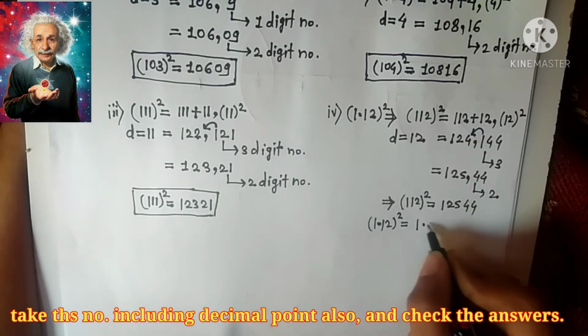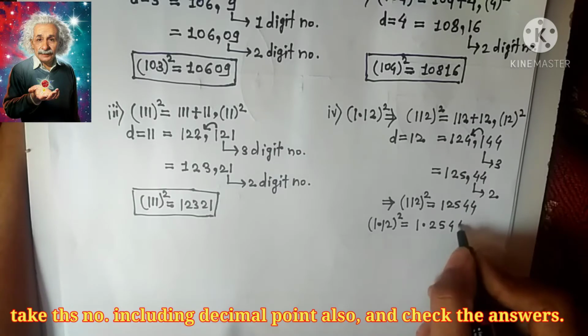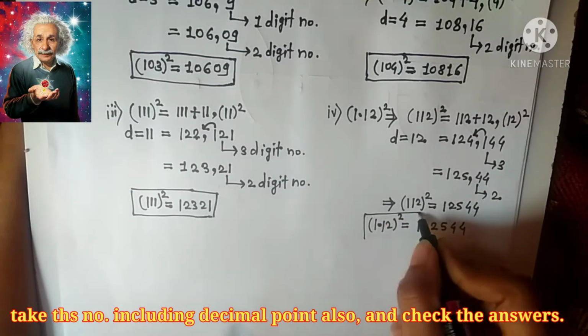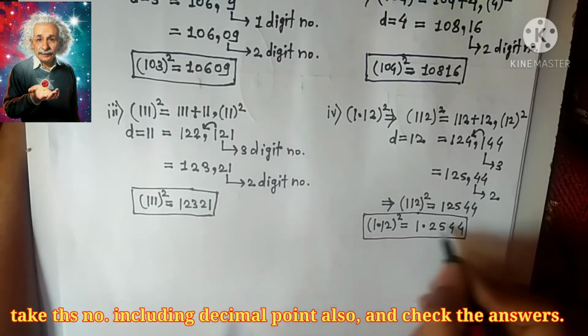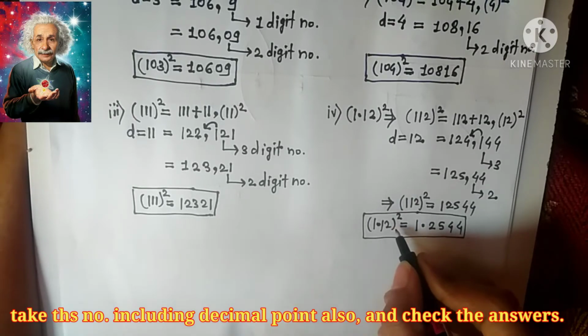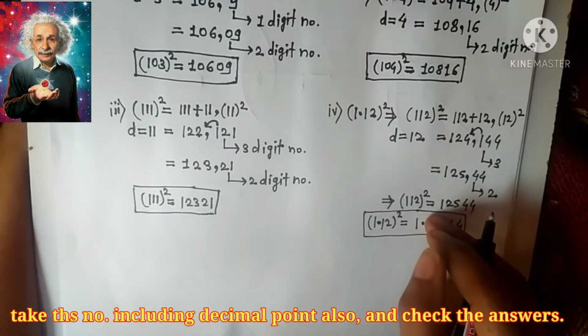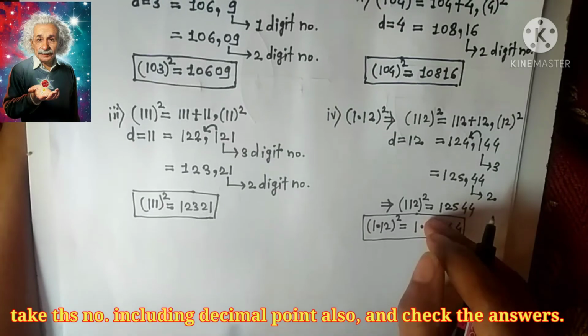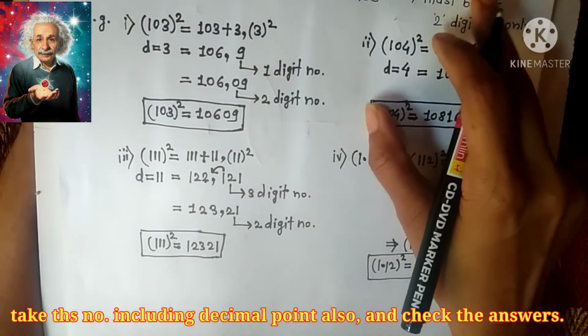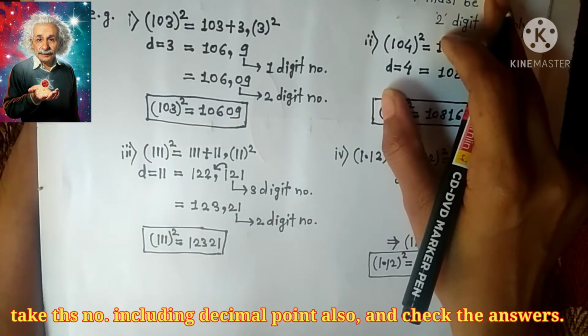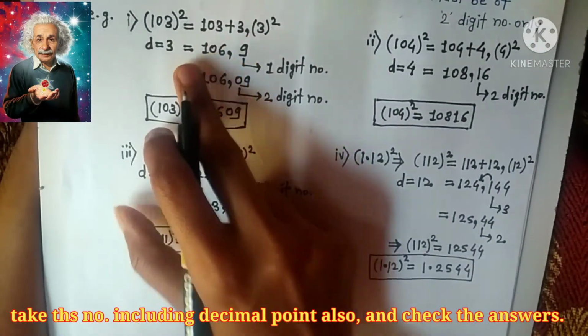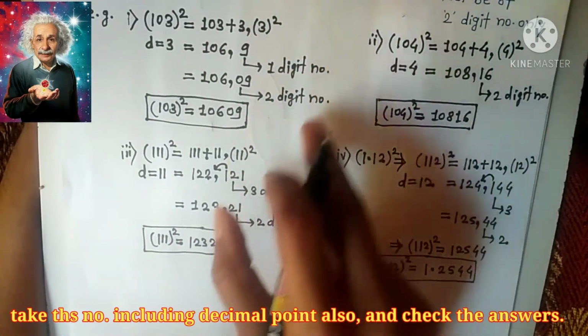So 1.2544. This is the correct answer for the square of 1.12. In this way, we find the squares of the numbers above base 100, where d is the distance from the base 100 and which is positive.